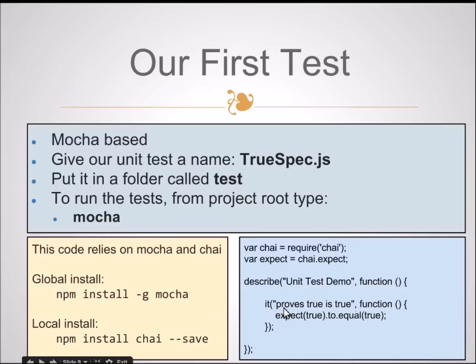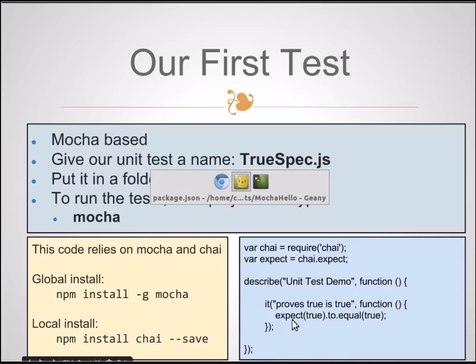It proves, we're calling a method called it that's part of the unit test library. And it proves that true is true, and the it method takes a callback, and here's our function, the callback, and the callback has inside of it a Chai test, an expect test, and it says we expect true to be true. Okay, so that's our test.